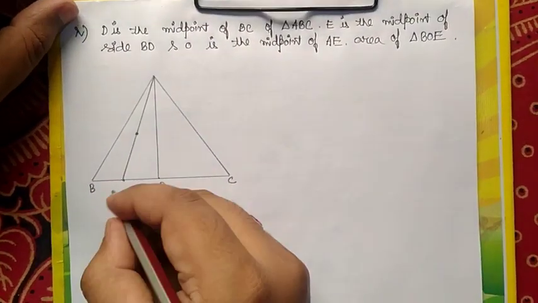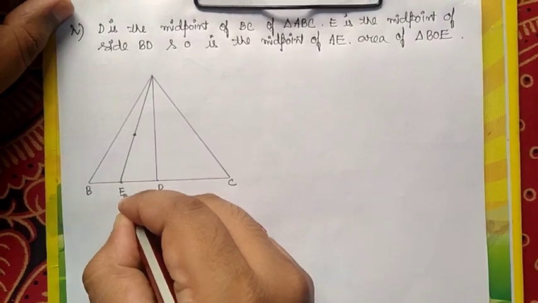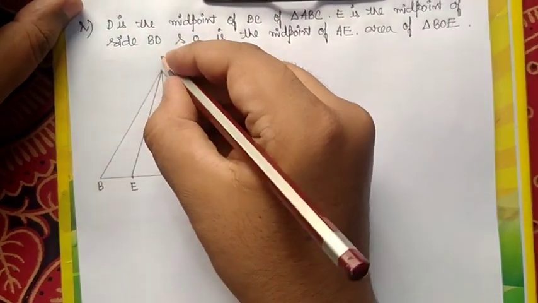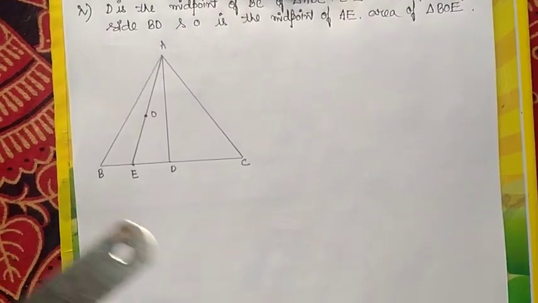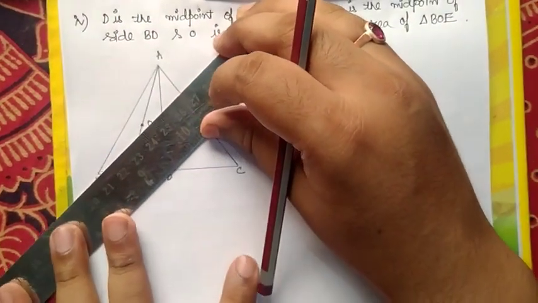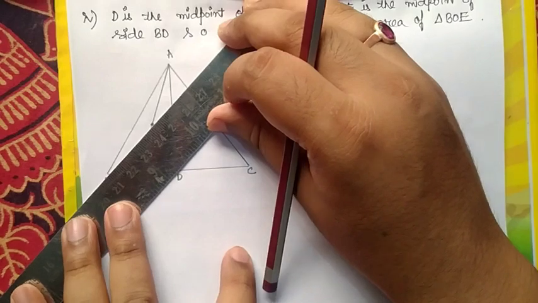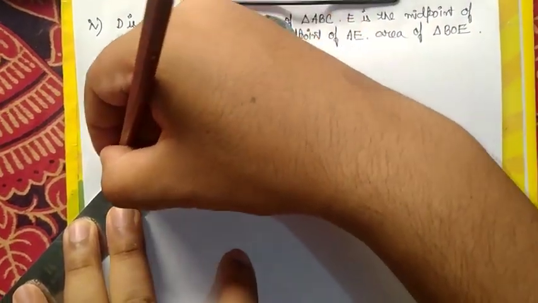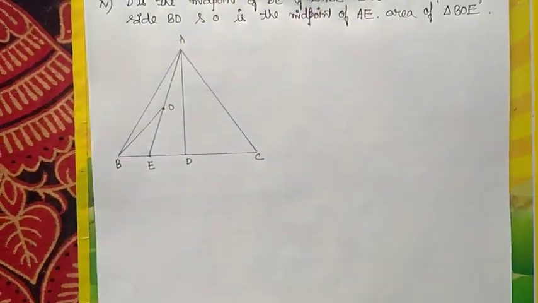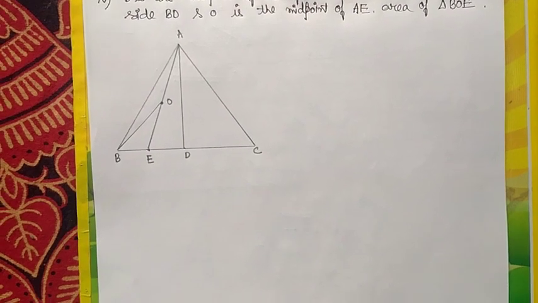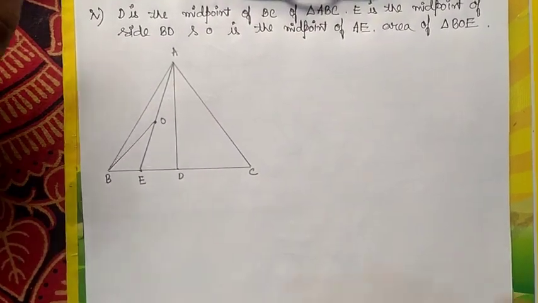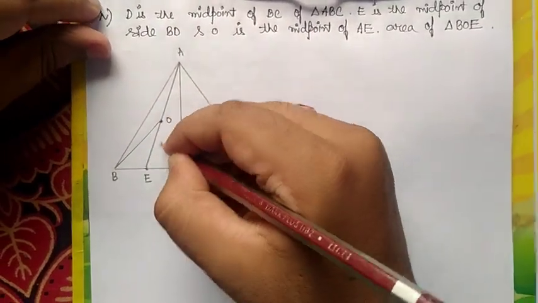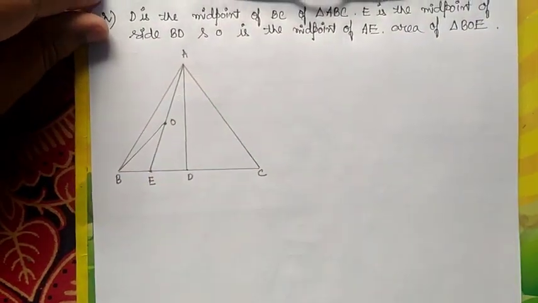E is the midpoint of the side BD, so this is E. O is the midpoint of AE, so O is here, and area of triangle BOE. So we have to join BO. So this is triangle BOE. We have to find the area of triangle BOE.